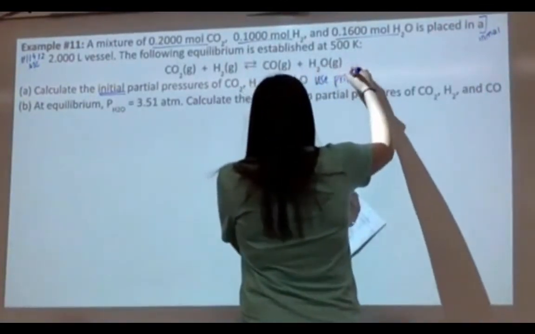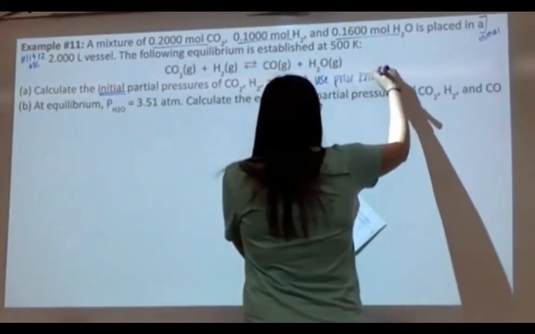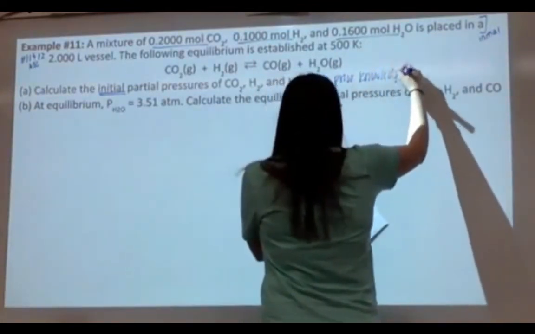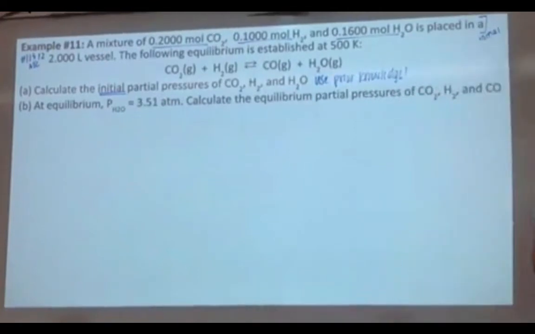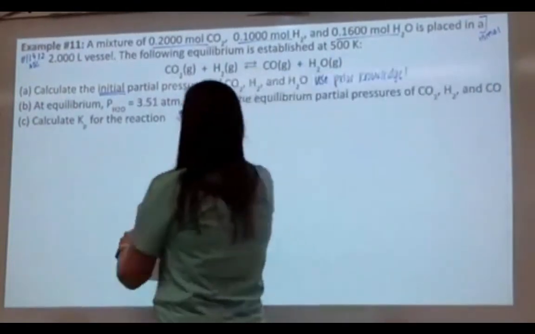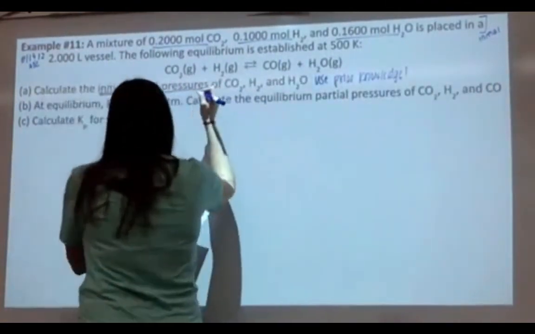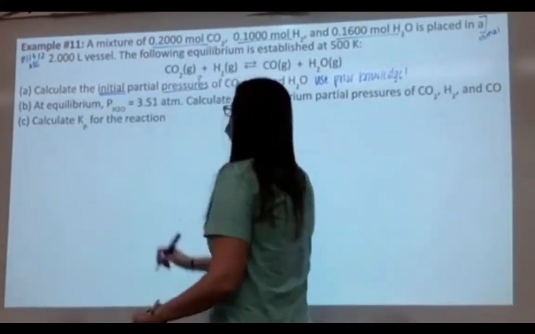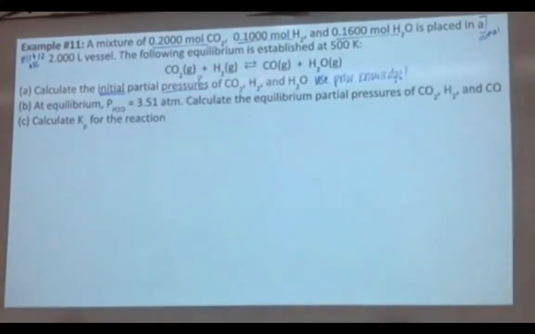We need to use prior knowledge for this question. By prior knowledge, we need to think back to topics that we've covered before. Well, let's think about, they want initial partial pressures. They want us to solve for pressure. So let's think about what we have, what we're trying to solve for.